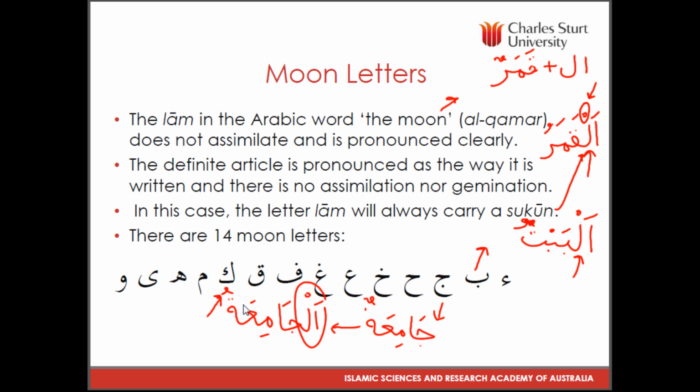But with solar letters, for example, let's say seifun. How should I pronounce this one with al? If I prefix al here, it becomes as-sayfu. Look, I assimilate the lam. I didn't pronounce it at all. As-seifu.